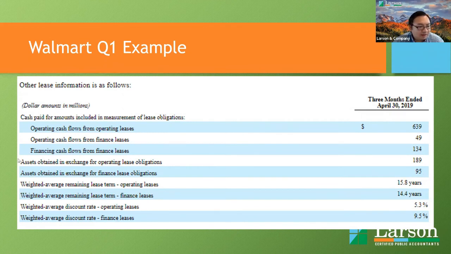I have seen some people disclose that in the cash flow statement. That's perfectly fine, and then as a supplemental to the cash flow. And then here's the weighted average that they calculate, these four numbers. I'll say these four numbers sometimes give me the biggest headaches as far as the calculation, particularly if there's a company that has lots of different leases.